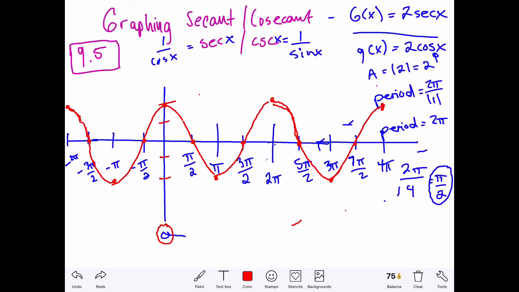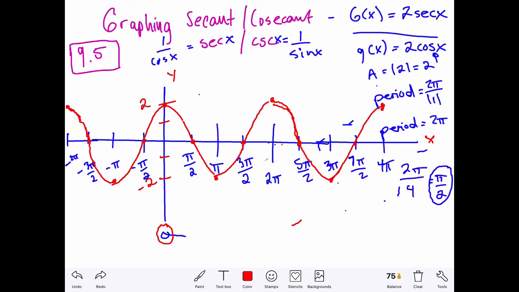Notice it's got an amplitude of 2, which means it goes up 2 from the midline in either direction. But of course, since it's cosine, it started at the y-axis at 0, 2, its amplitude, and then it went down from there. Notice the cosine graph starts at your positive amplitude. The sine graph starts at your midline, or the x-axis in this case.